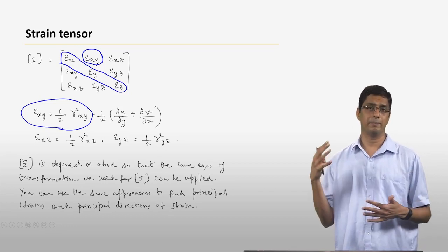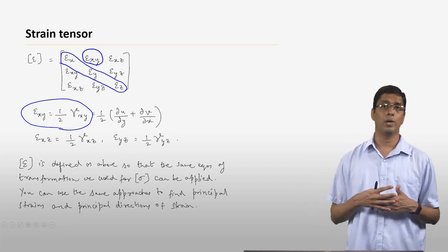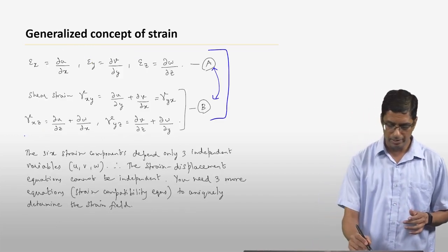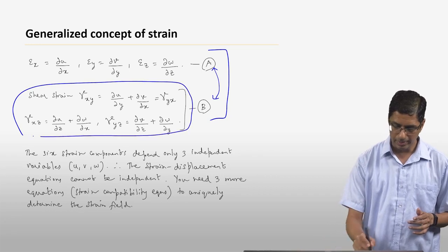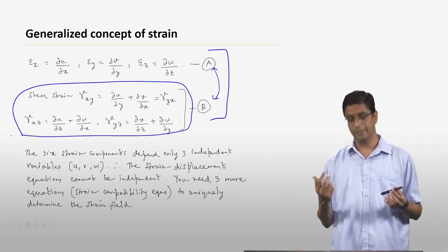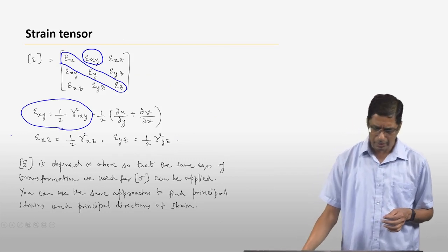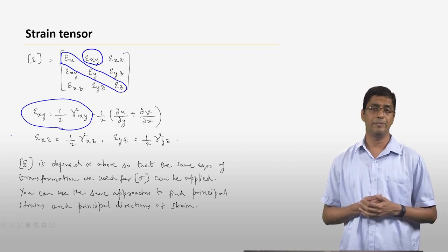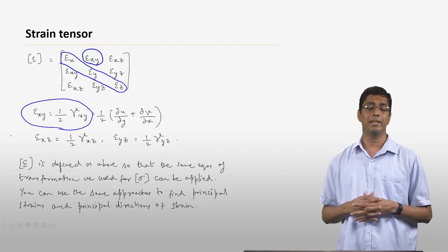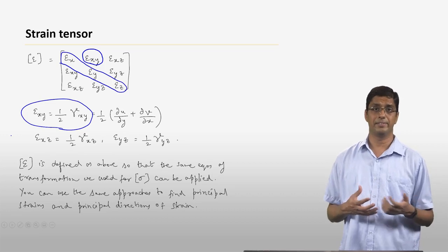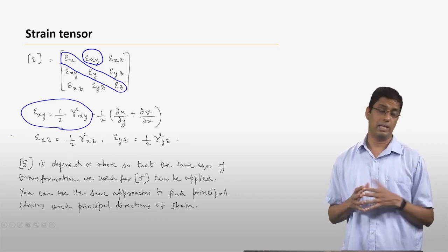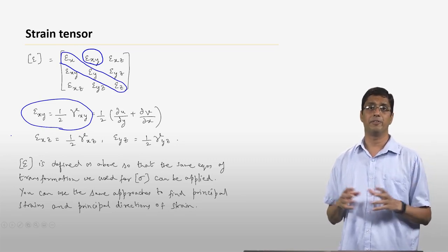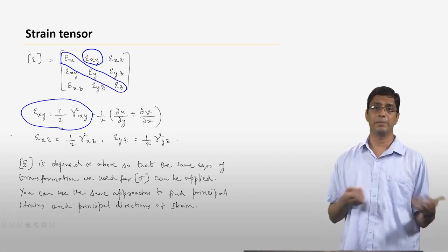Similarly, epsilon xz is nothing but gamma xz divided by 2, and epsilon yz is nothing but gamma yz divided by 2, where we already know what gamma xy, gamma xz, and gamma yz are. Those are related to the displacements. The other good thing about defining the strain tensor in this manner is that you can use equations analogous to the ones you derived for principal stresses to find the principal strains.